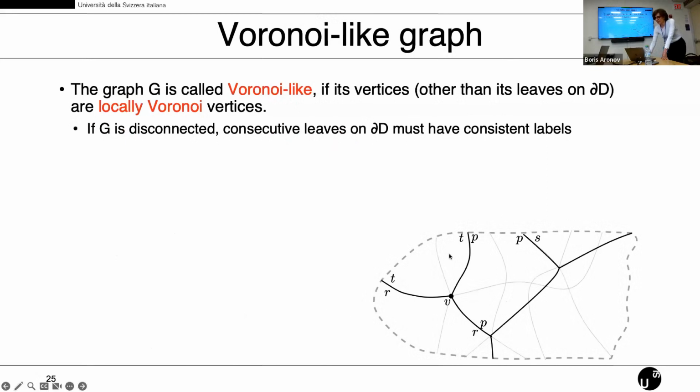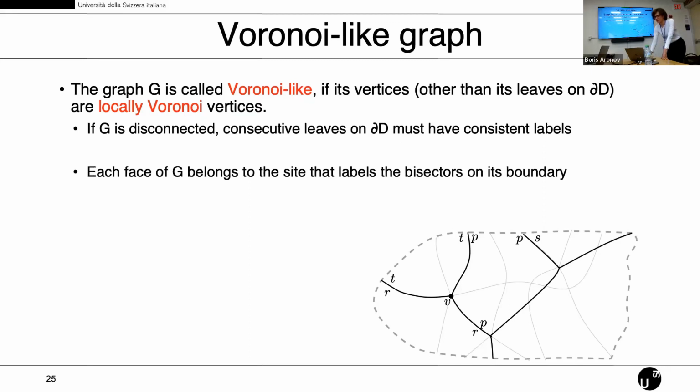So we have a graph G defined on this arrangement of bisectors. It's called Voronoi-like if its vertices other than its leaves are locally Voronoi. If G is disconnected, consequently leaves must have consistent labels. And each face of G belongs to a site that labels the bisectors.